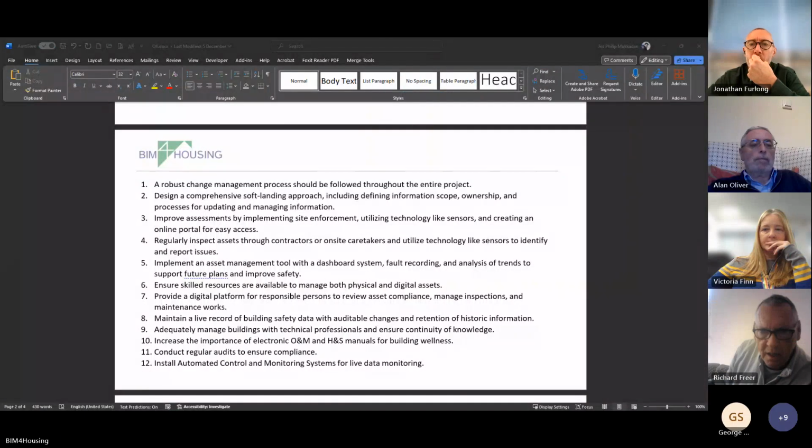There we go. Question 8: maintain a live record of building safety data with auditable changes and retention of historic information. So I think that sets it out quite nicely. Colin.